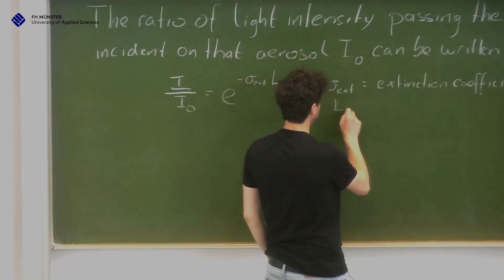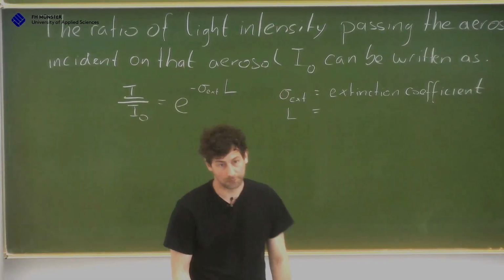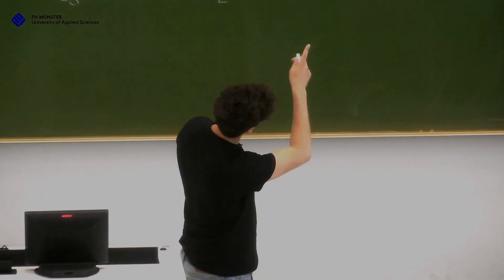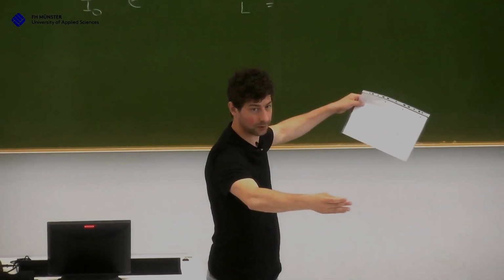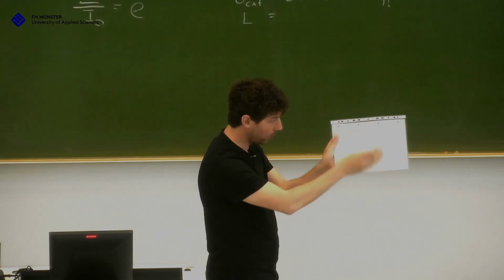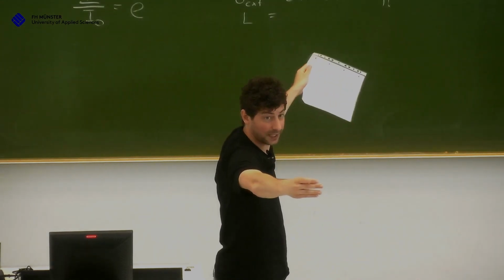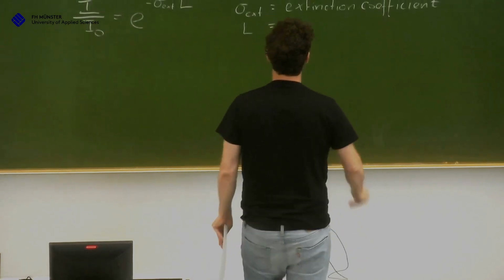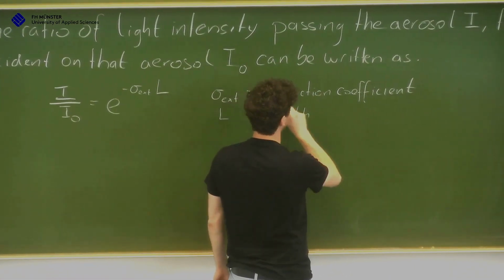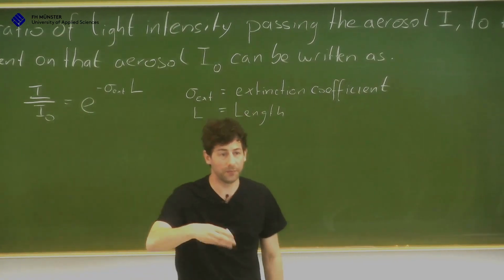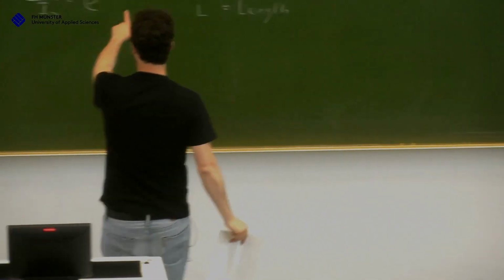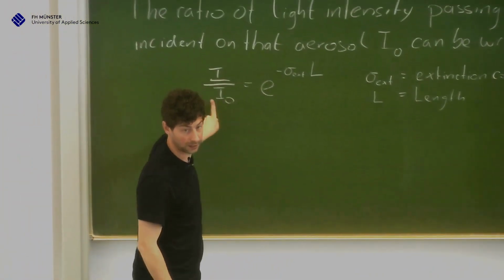And L, what is L? Yeah? Genau, right, the length. The length, of course, has an influence, right? So if it's a very small area where I have my smoke or a very big area where I have my smoke, I lose more and more light. And this means this extinction coefficient has the unit of meter to the power -1 because this has to be dimensionless here, right?